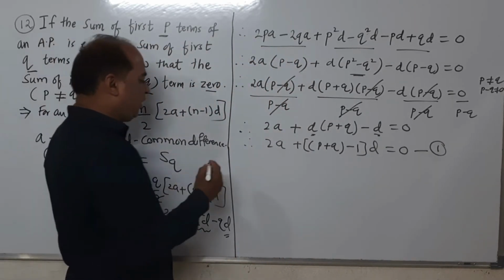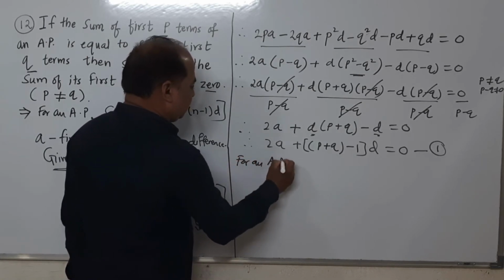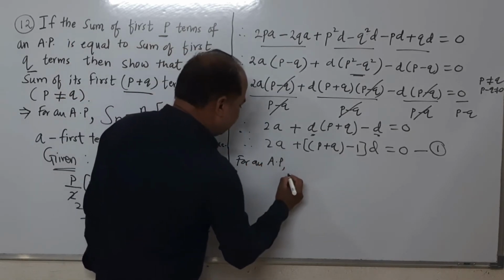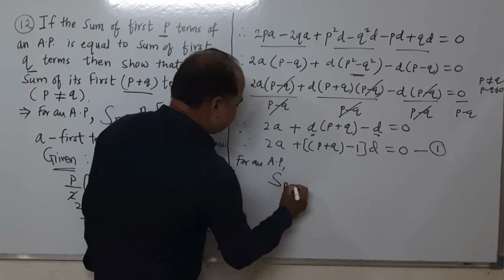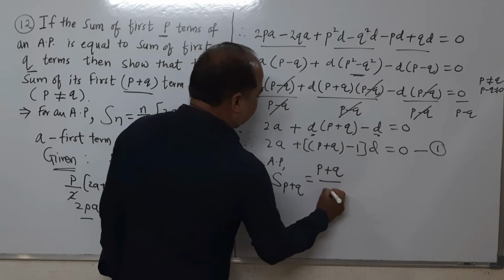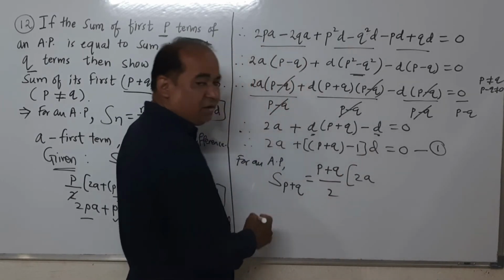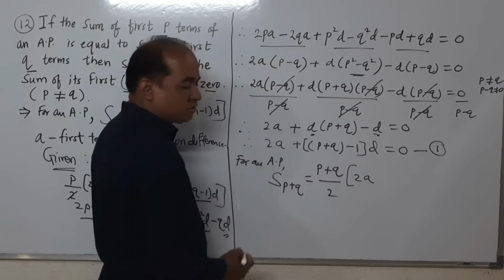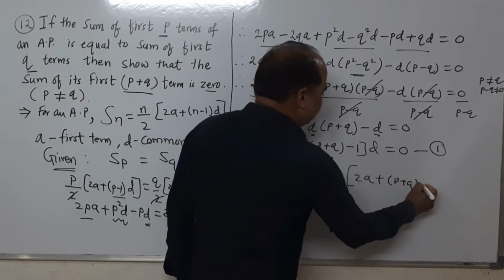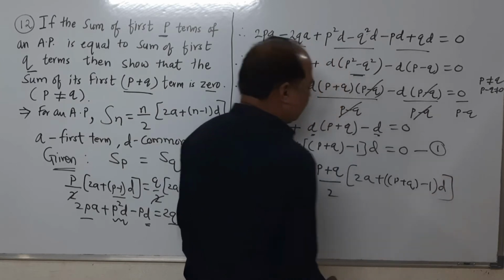Now for an AP, the sum of p plus q terms, S of p plus q, is equal to p plus q upon 2 in the bracket 2a, and in place of n we put p plus q, so plus p plus q minus 1 into d.